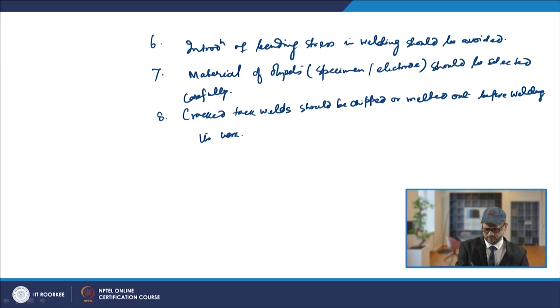Cracks are basically stress raisers, so the cracks should be chipped off or melted, so that there is no crack. If a crack is there, it leads to an increase in the value of the stresses. So, that is another way of controlling the residual stress values.